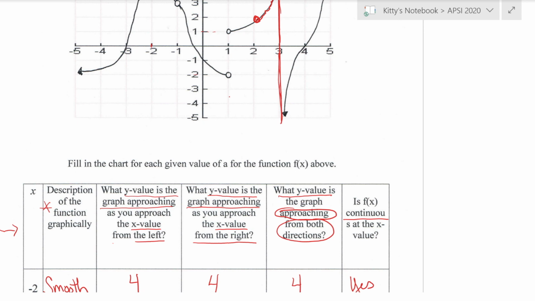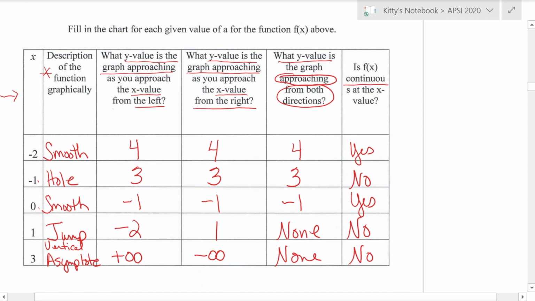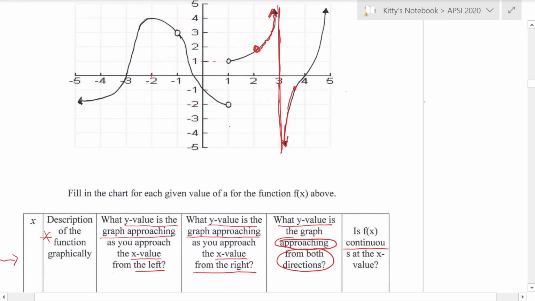And then if we go to the right of 3 and we travel, the y's go down forever. And we said yesterday that down forever is negative infinity. And then they do not match. And it is not continuous because you definitely have a vertical asymptote there, and you know that's a place of discontinuity.